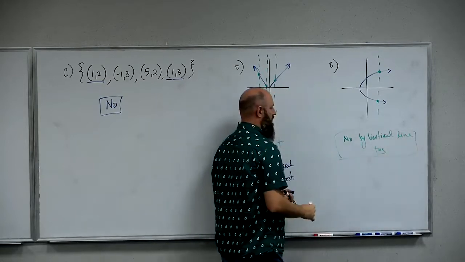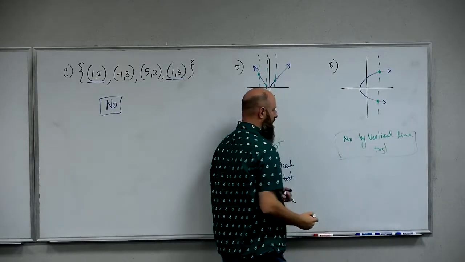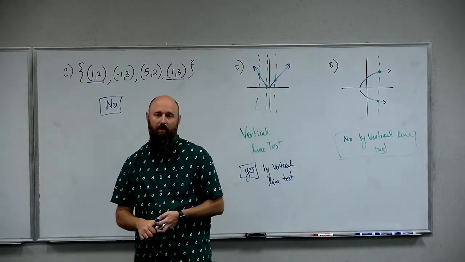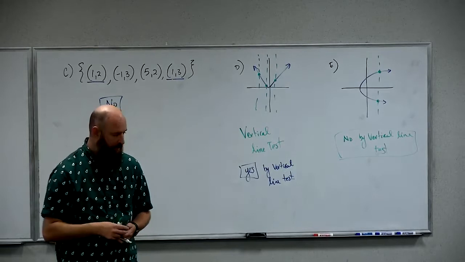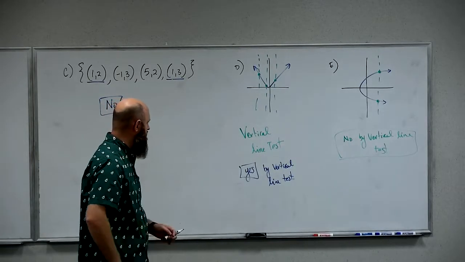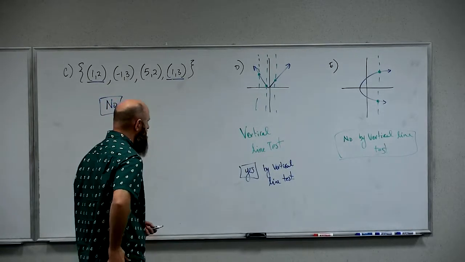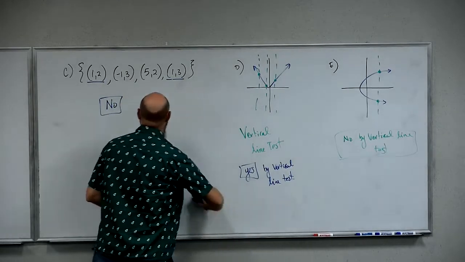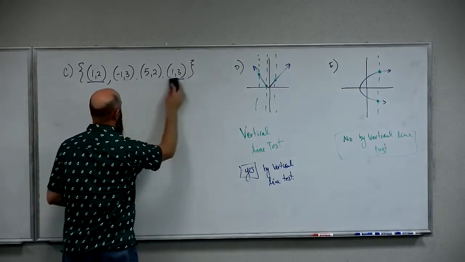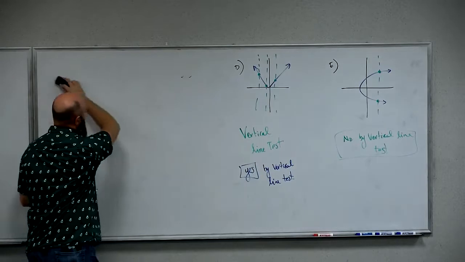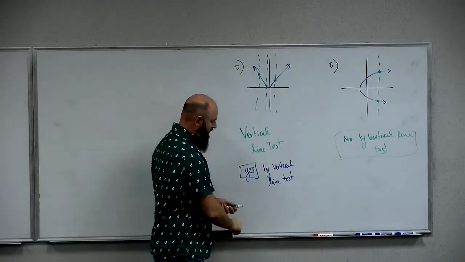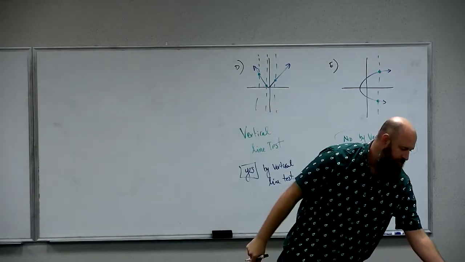Okay, so that's what I would be looking for there on an exam when it comes to those pieces. Okay. All right, so those are different representations of how they could present, is it a function or not?